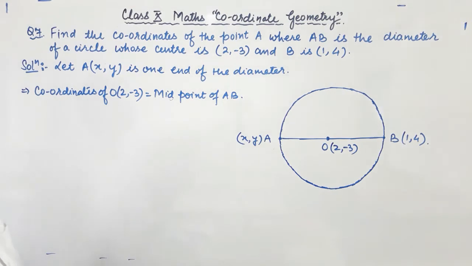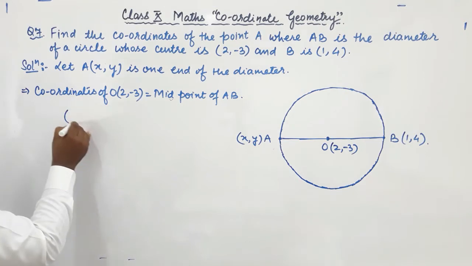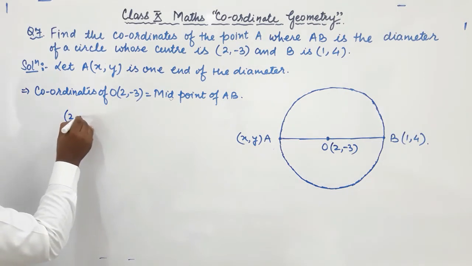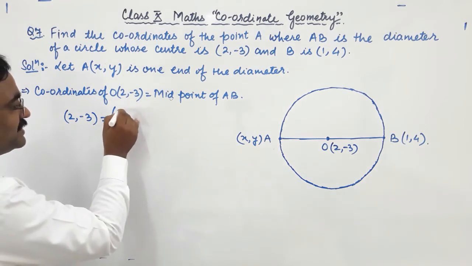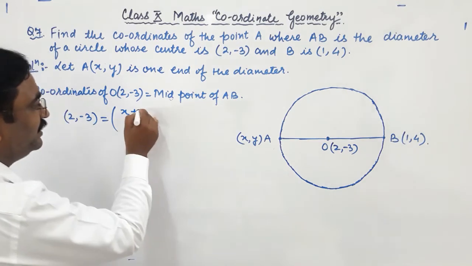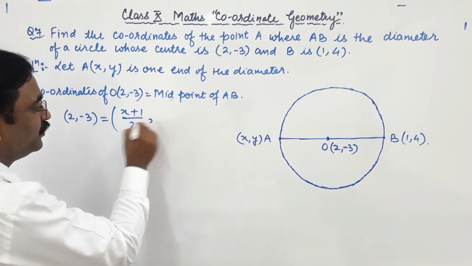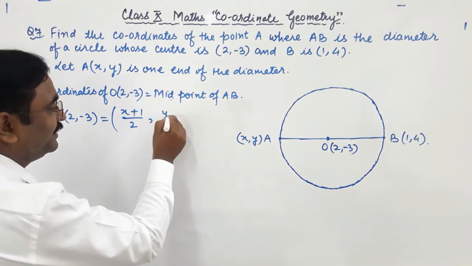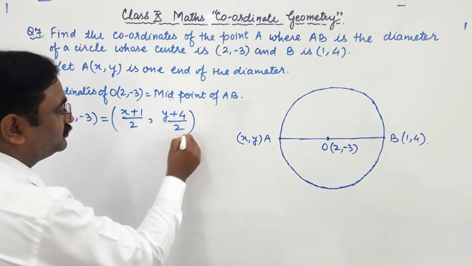Right? Now the coordinates of O are 2, minus 3. So this 2, minus 3 will be equal to x plus 1 upon 2, y plus 4 upon 2.